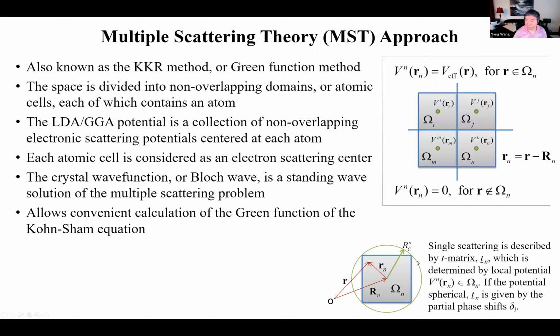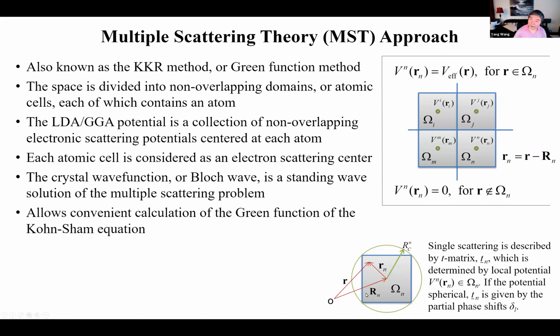And then if the potential itself happens to be spherical, like if you make a muffin-tin approximation where you ignore the shape of the cell and make the potential spherical, that is, you define an inscribed sphere inside this cell, let the potential be zero outside the sphere, and assume the potential to be spherical.